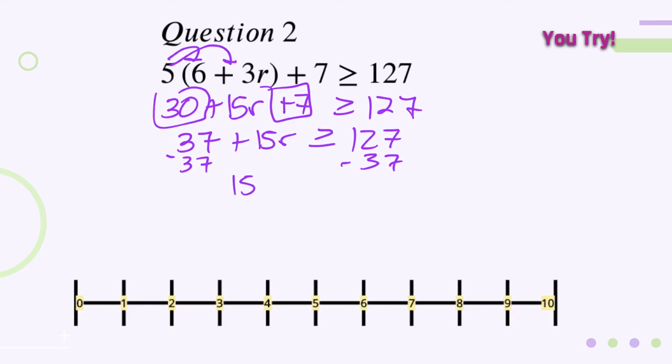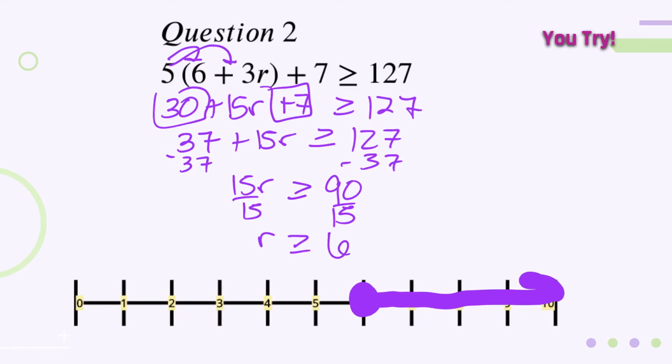I'm left with 15r is greater than or equal to 90. Divide by 15. I'm left with r is greater than or equal to 6. So I graph my solution. So 6, I fill it in, greater than or equal to. And I draw my line to go all the way towards the end.